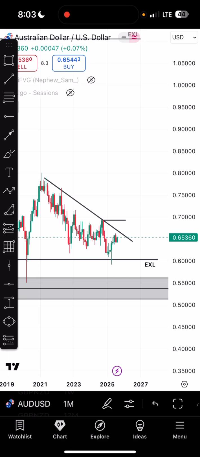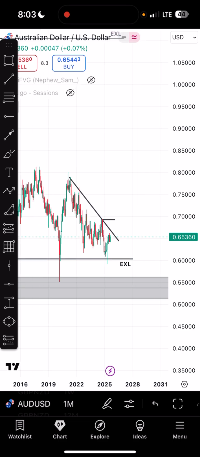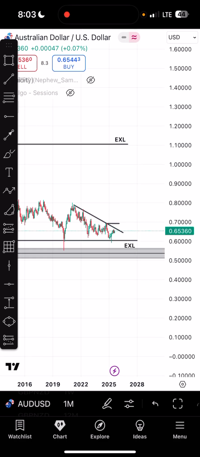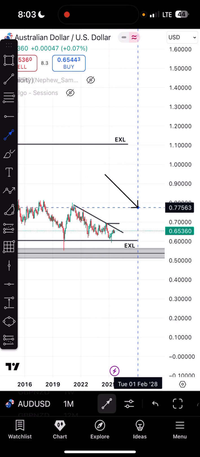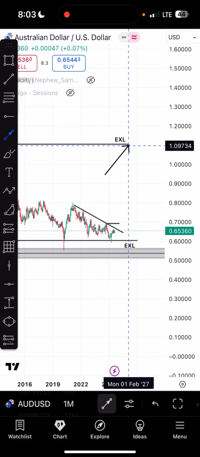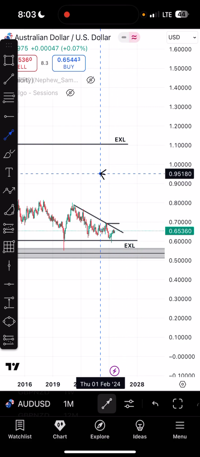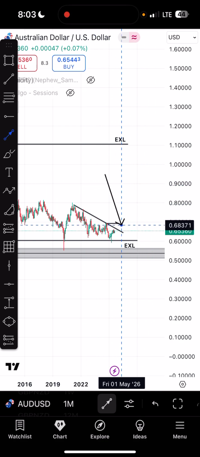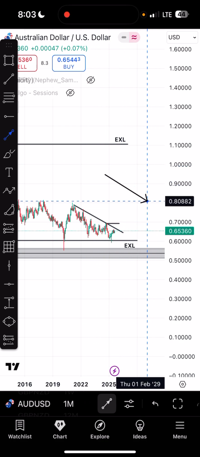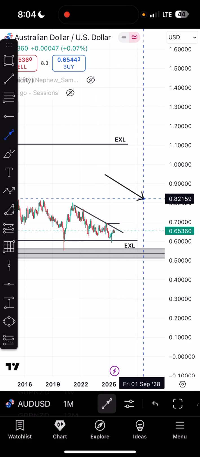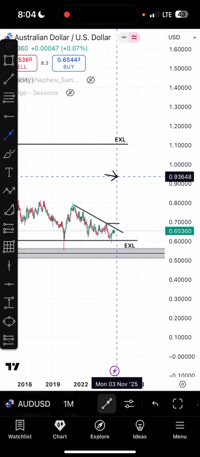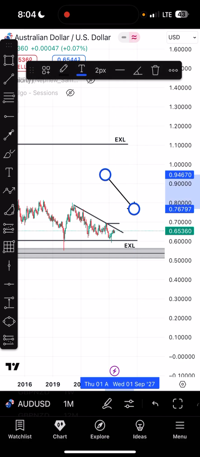Once that is confirmed, I can now start trailing around this whole area until we hit this external liquidity. So I will definitely be sure that whatever it is, the only structure I want to be looking for in this area is a bullish structure. As simple as that. You don't need to complicate things for yourself.